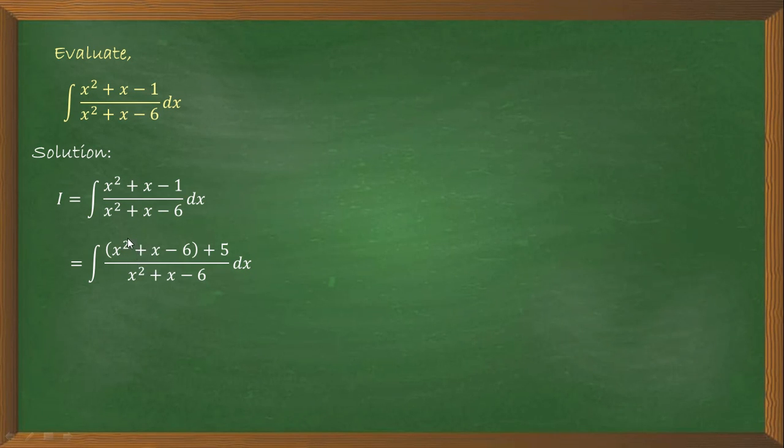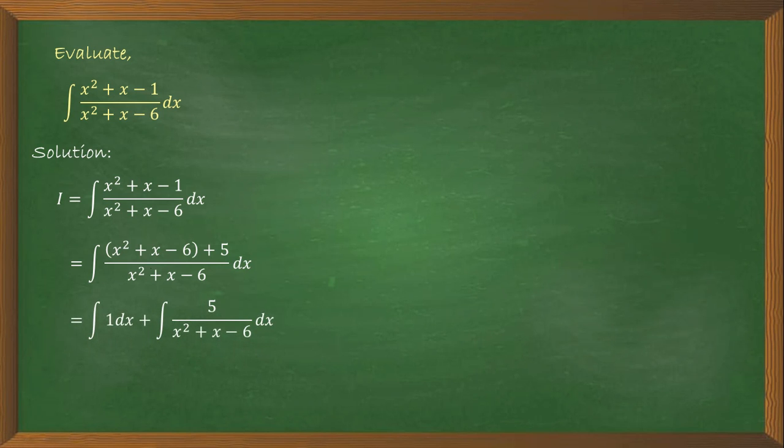Whenever you have a rational function where the degree of the numerator is equal to the degree of the denominator, try to express the numerator in terms of the denominator like this. This is very, very important.